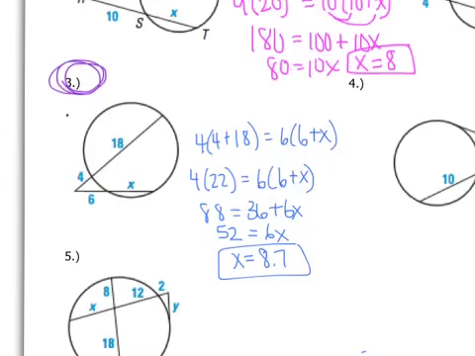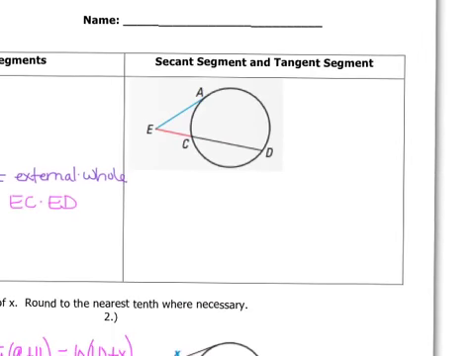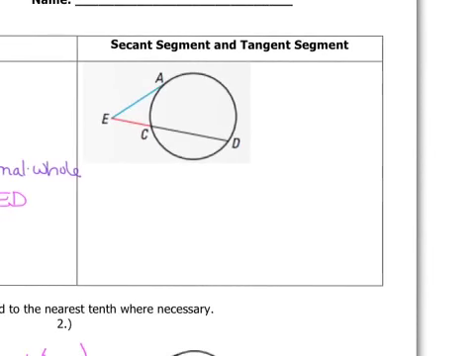Now what we are going to do is look at one other theorem, and this deals with a secant segment and a tangent segment. So your secant segment is ED, your tangent segment is EA. What we are going to do is take the secant segment squared, so we're taking the length of EA and squaring it.